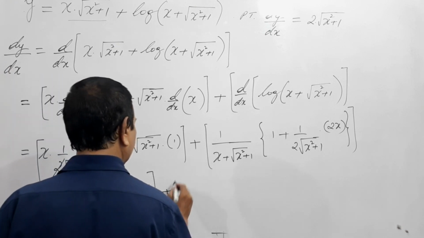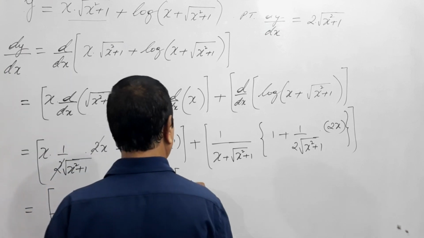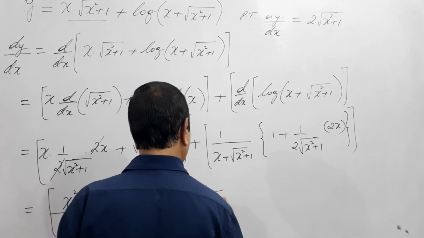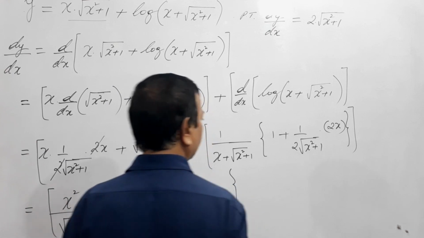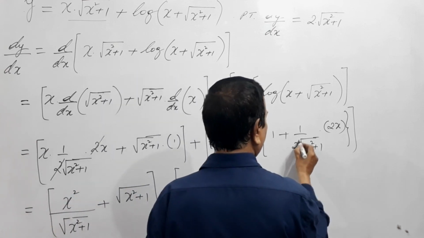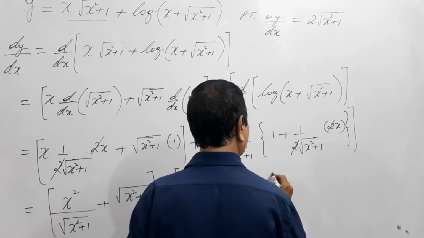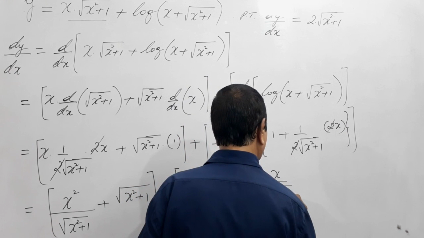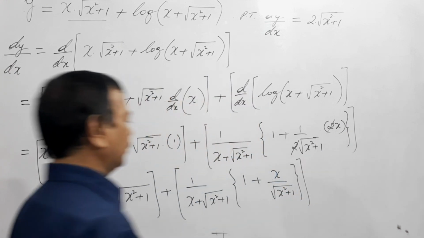So this is 1 by x plus under the root x square plus 1, and here 2 and 2 cancel, 1 plus x by under the root x square plus 1.